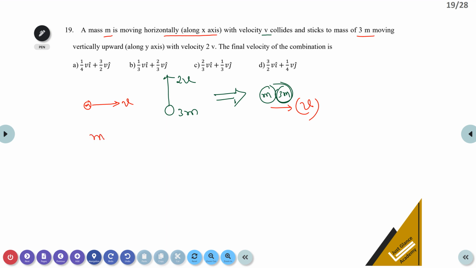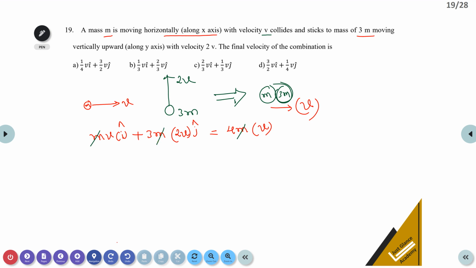Momentum for the first particle is mv i cap, plus the second 3m into 2v j cap, equal to total mass 4m into v, because both bodies are stuck and travel with a common velocity. In all these terms m is common.